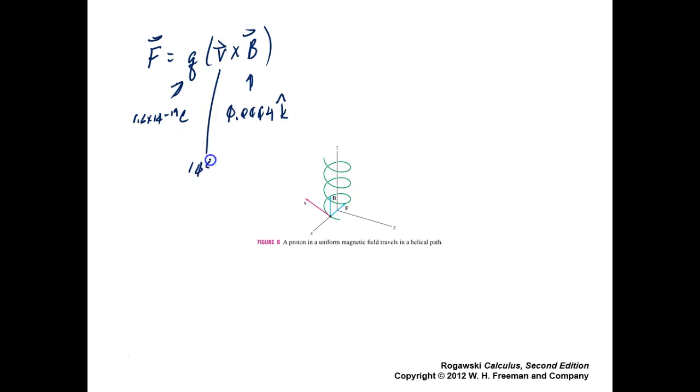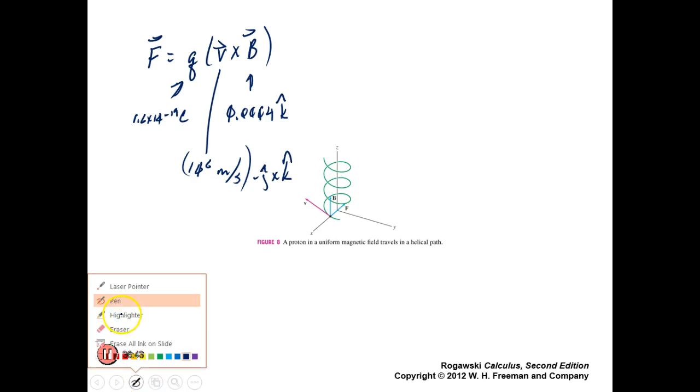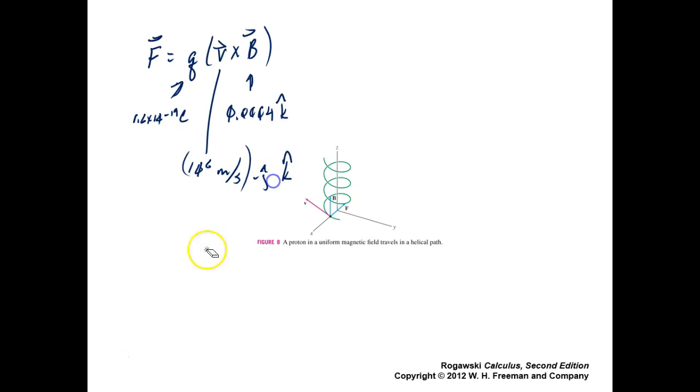So this is 10 to the 6 meters per second in the direction of minus J plus K. I misread. Okay. That's the direction of that 1 million meters per second.